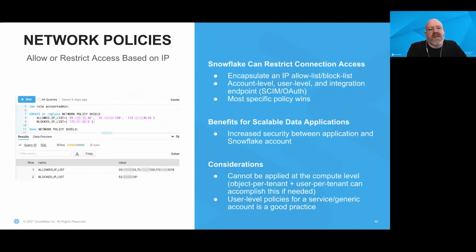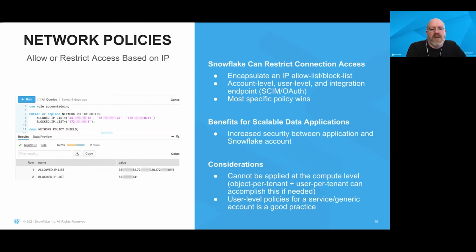And then network policies. These can be set at an account level or an individual database user level. The idea here is that you're going to be able to restrict what IP addresses can access Snowflake. At minimum, you're going to want to put this in place between your application tier and Snowflake, potentially as a general setup at an account level, but potentially also at a user level, depending on how your users are connecting through, or if you're using generic service level accounts. That's always a good practice.